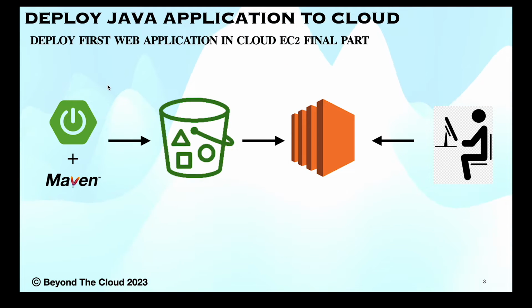From there, we will download one framework, and we will compile the code with Maven, and this will generate a jar file. That jar file we will upload in an S3 bucket. Then from that S3 bucket, we will copy the jar file to our EC2 instance, and then we will install the application there in our EC2 instance.